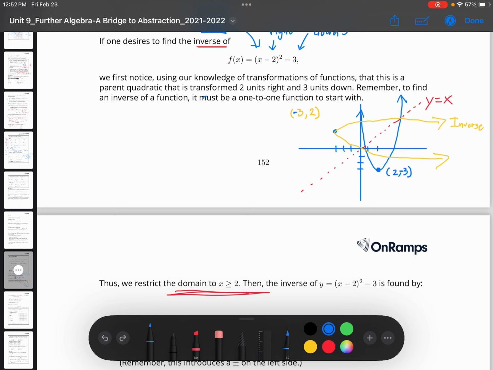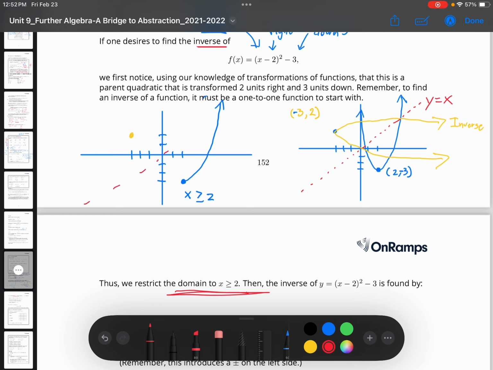So to make sure that my inverse is also a function, what they're going to make you do is restrict the domain. Let me go back to this same exact problem that we just talked about. They're going to restrict the domain to x is greater than or equal to 2, meaning they're only going to graph this side. And if they only graph that side, I remember this would be the line.